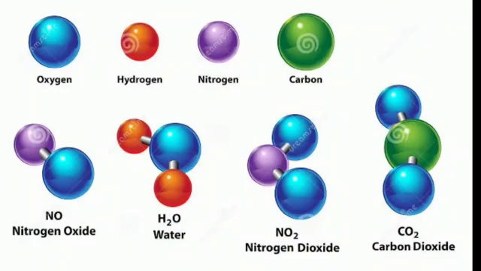For example, water is made by the combination of two hydrogen atoms with one oxygen atom, and air is a mixture of many chemical substances such as oxygen, nitrogen, hydrogen and carbon dioxide. Even soil is a mixture of many compounds.